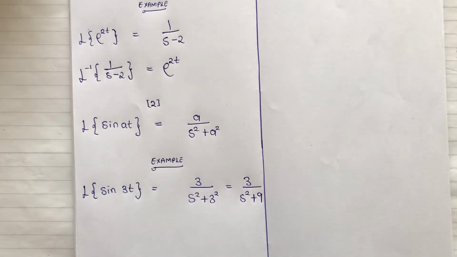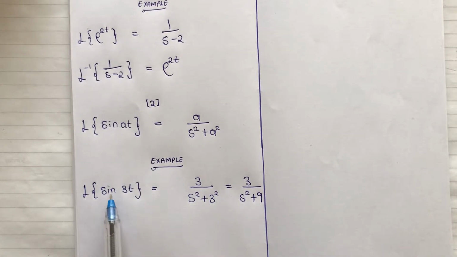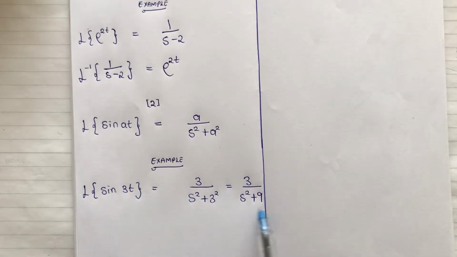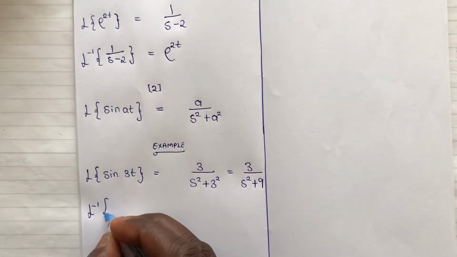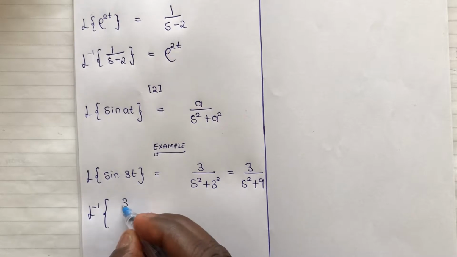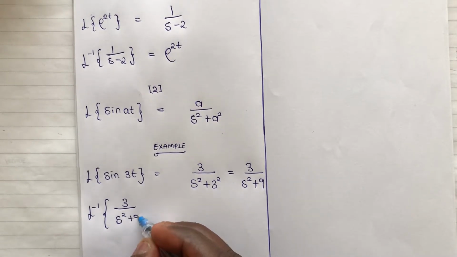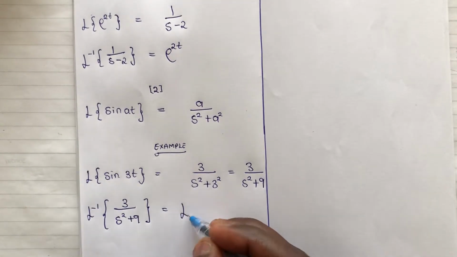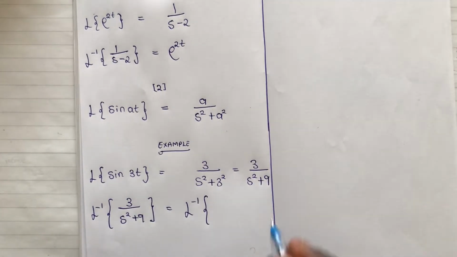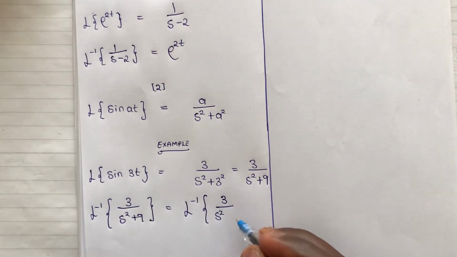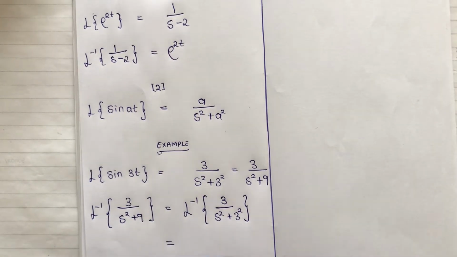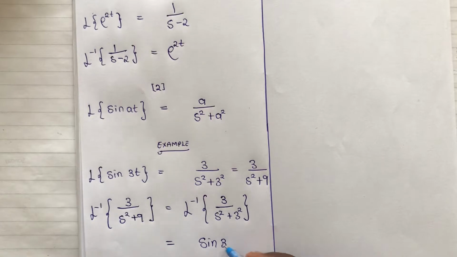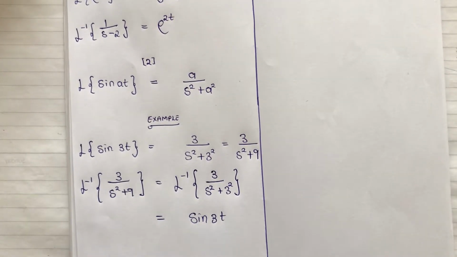Very simple. Now, if I want to get back my sine 3t, then I have to find the Laplace inverse of what? This result. Hence, the Laplace inverse, L inverse of the result we have here, 3 over s squared plus 9, is going to give us L inverse of, we break it down, 3 over s squared plus 3 squared, which is equal to what? Sine 3t. Do we get it now?